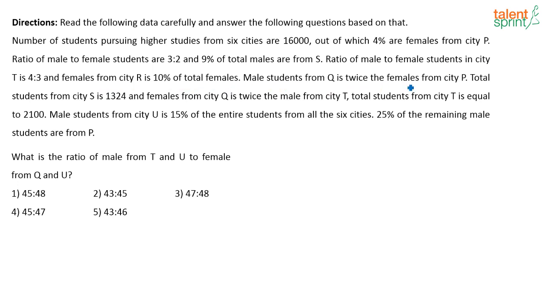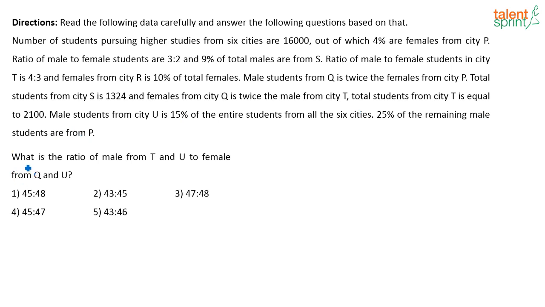Male students from Q is twice the female students from city P. Total students from city S is 1324 and the females from city Q is twice the male from city T. Total students from city T is equal to 2100. Male students from city U is 15% of the entire students from all the 6 cities. 25% of the remaining male students are from P. So I have just skimmed through the question for now.